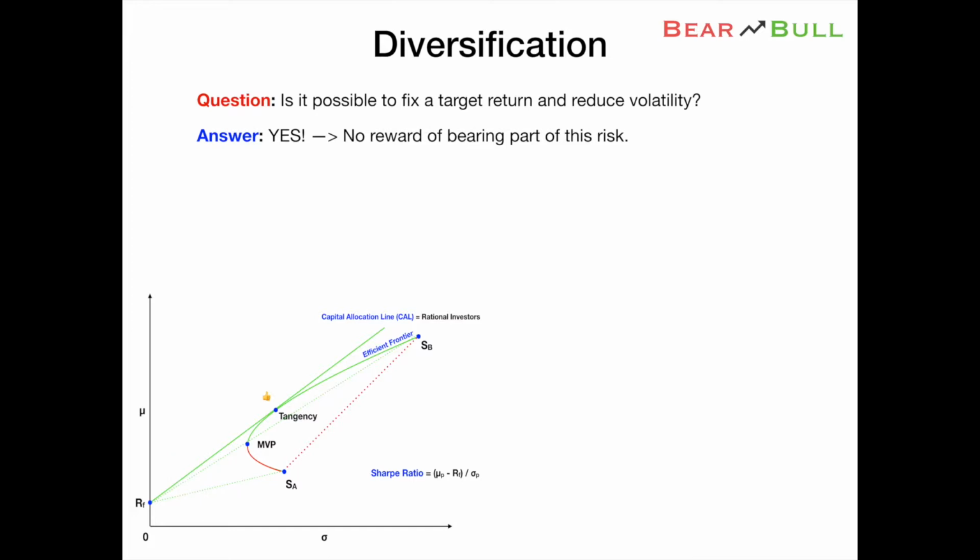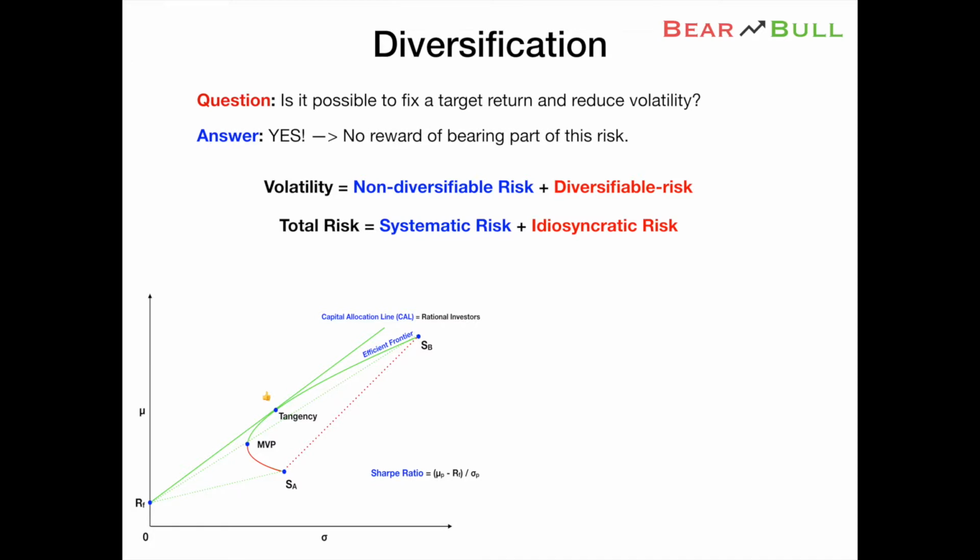We can think of volatility as the total risk of an asset, which has a part that we cannot diversify and a part that we can diversify and eliminate. The part that we cannot diversify is often called systematic risk, and it relates to the overall economy risk.